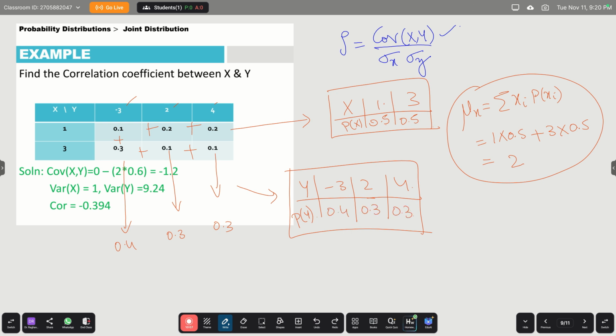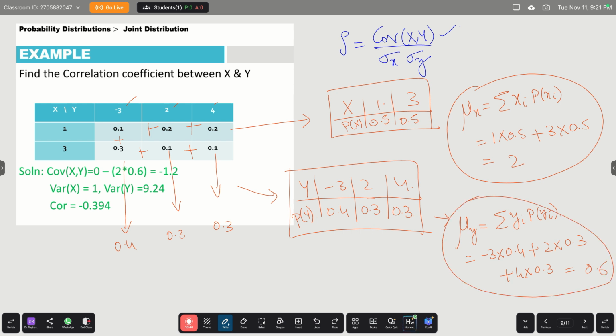So what's the mean of y? Mu y is summation of yi multiplied by its probability p of yi, or qi you can use. So this is minus 3 into 0.4 plus next value of y is 2, 2 into 0.3 plus 4 into 0.3. So this is going to be 0.6. So mu y is 0.6.